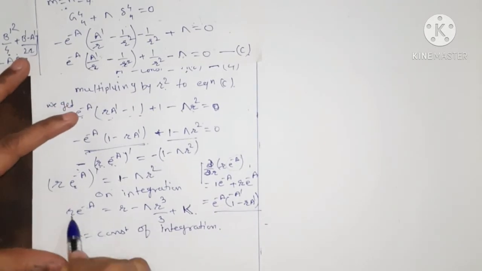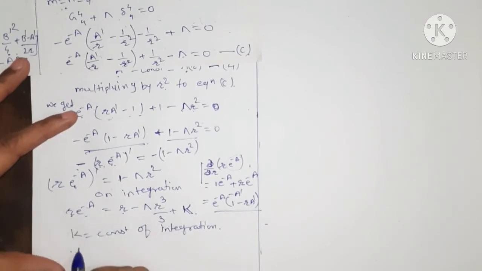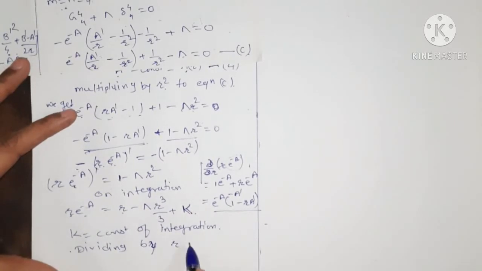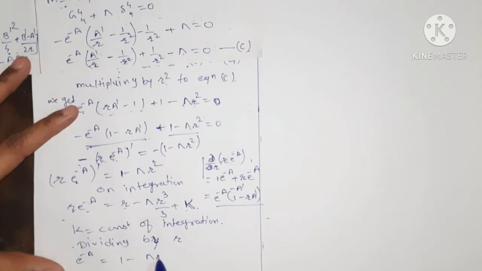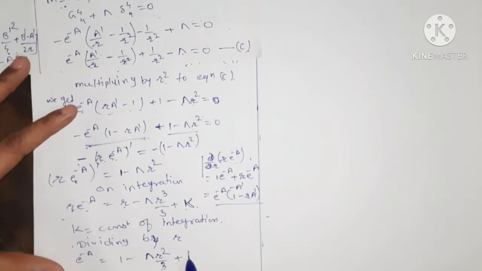Now r is present in each term, therefore dividing by r in our equation we get e to the power minus a is equal to 1 minus capital lambda r square upon 3 plus k upon r.